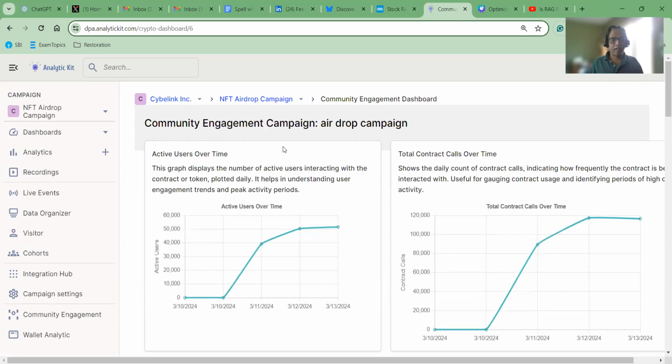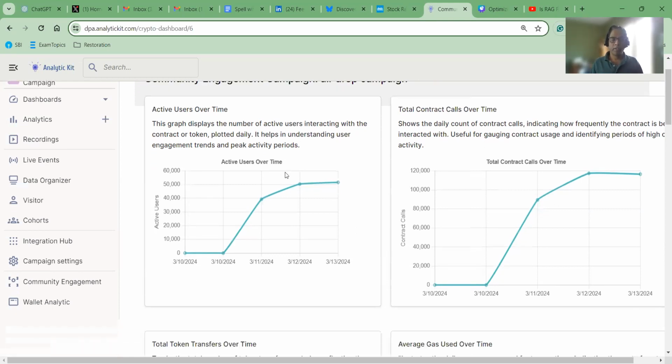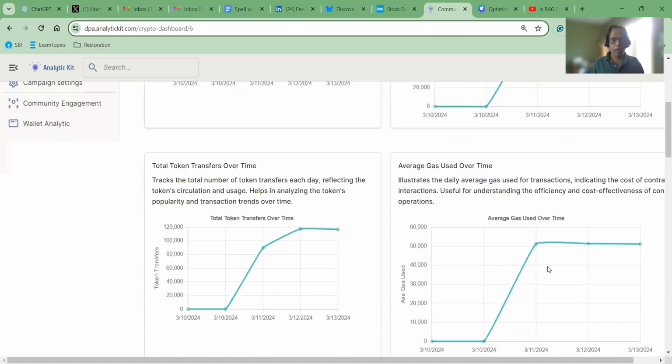Right now, we are just displaying these graphs statically, and we are working on pulling the data from all these graphs and presenting you a uniform view for you to identify the correlation between the average users using your Ethereum smart contract, the total contract calls, how many calls happened on a particular date, the total token transfer over time, and then the average gas used.